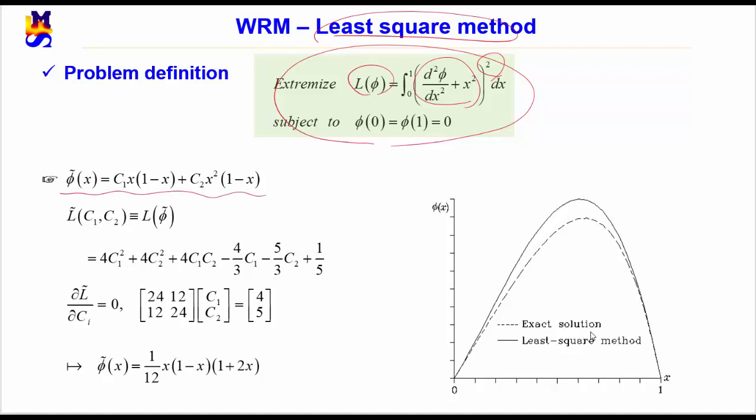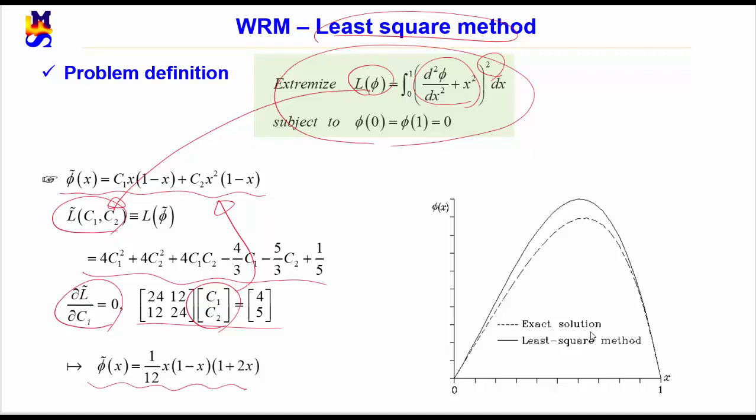After simplifying the problem in infinite-dimensional function space to the problem in two-dimensional vector space, and applying the necessary condition for this function to be extremum, we get this matrix form of the linear equations. Solving these equations for two unknown constants and applying them in the trial function, we obtain this approximate solution.